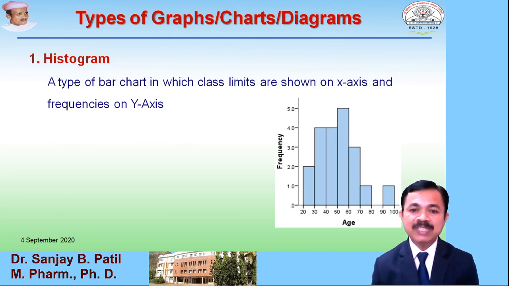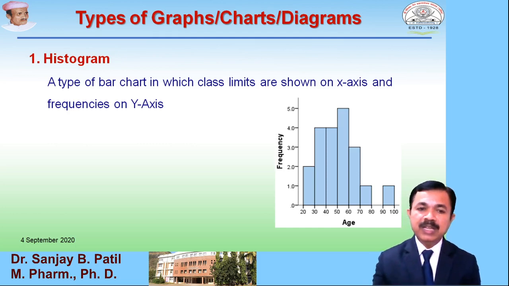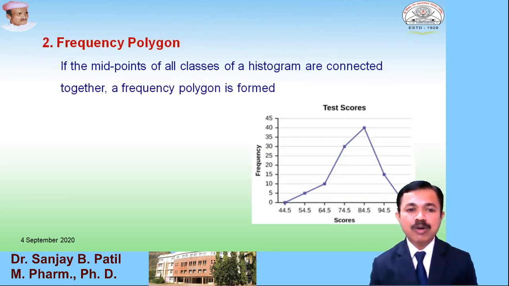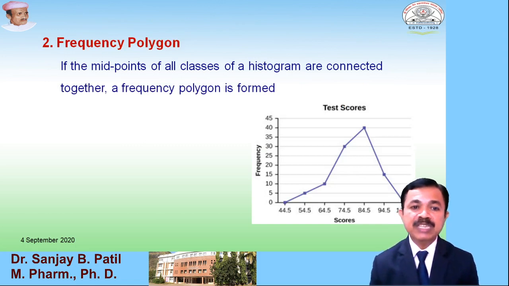Whatever graph is generated by inserting the continuous rectangles for each class with their appropriate frequencies, such a type of graph or chart is known as a histogram. Then the second type of chart or graph is the frequency polygon.